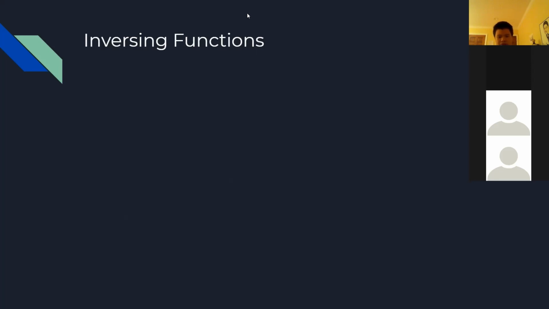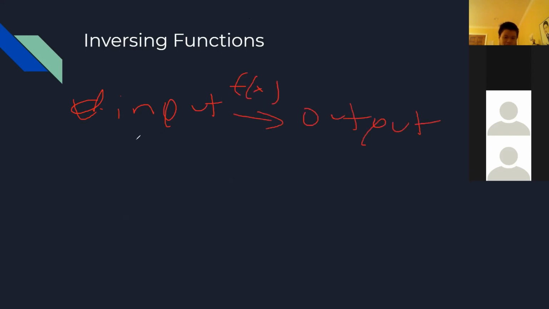So, inverse functions. We have the input to output, which we'll call f(x). Now, what if there was a function f minus 1 of x such that any output of f(x) goes back to its original input?